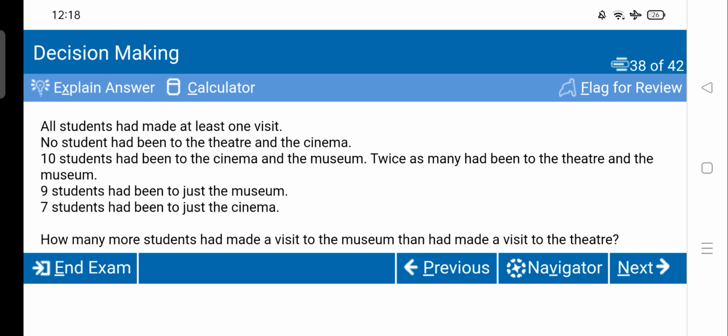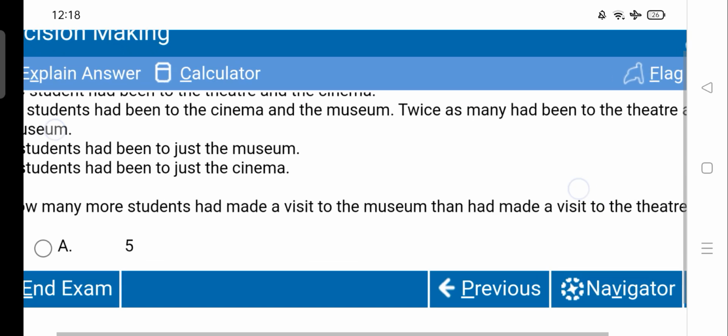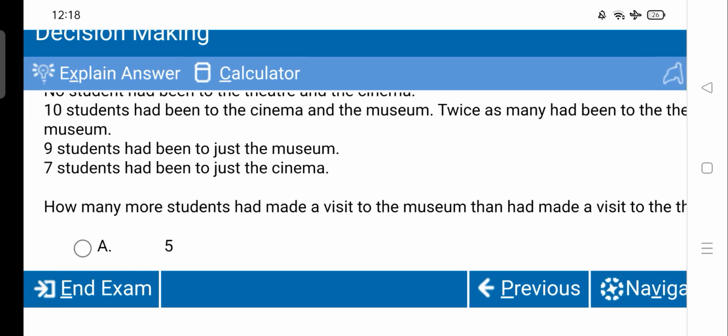No students had been to the theatre and the cinema. 10 students had been to the cinema and the museum. Twice as many had been to the theatre and the museum. 9 students had been to just the museum. 7 students had been to just the cinema.